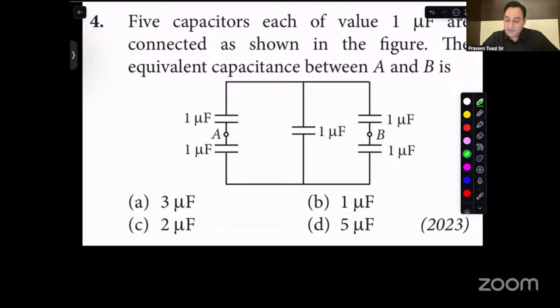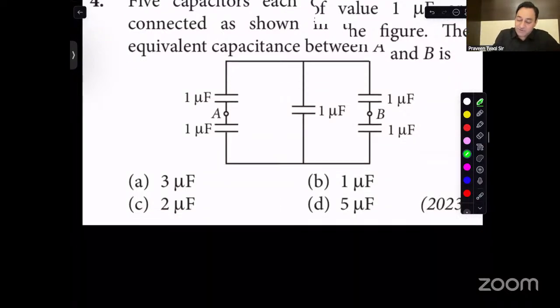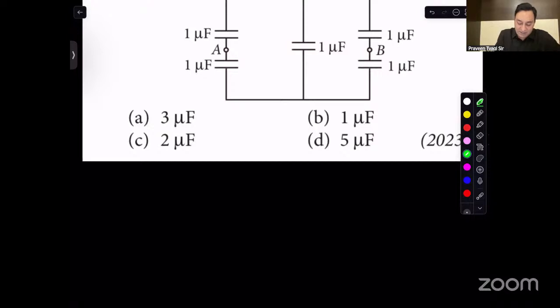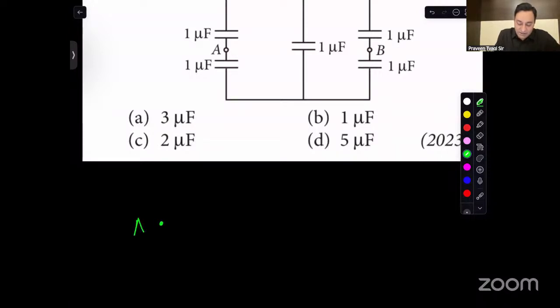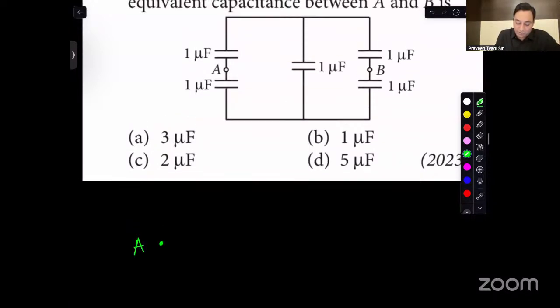5 capacitors, each of value 1 microfarad, are connected as shown in the figure. The equivalent capacitance between A and B is. How do I find the equivalent capacitance between A and B, and why have I chosen this question? Please see this. If I draw this diagram, this is a typical question which I want everyone to be clear about.